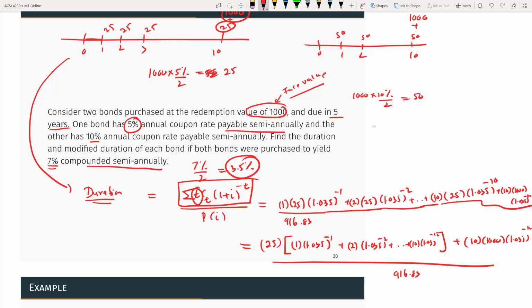So let's do this calculation and see what we get. Let me do the calculation using my calculator.